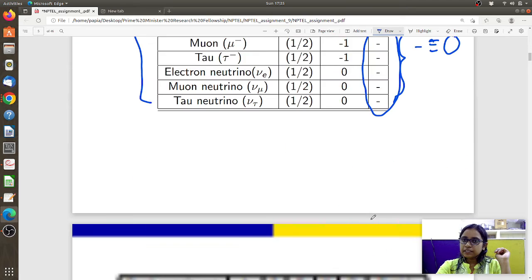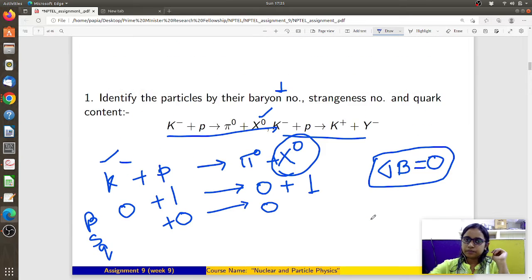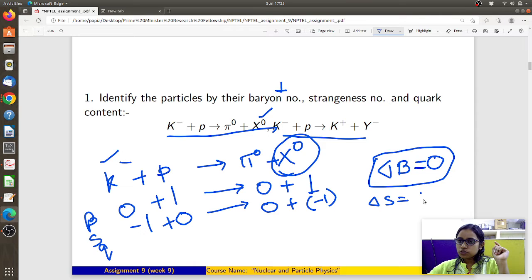So obviously x0 will have strangeness minus 1, otherwise delta S would not be 0. If delta S should be 0, that means x0 has a strangeness number of minus 1. Now coming to the quark content.